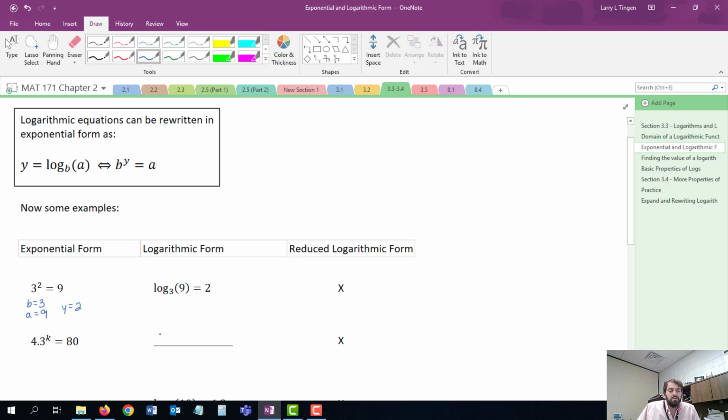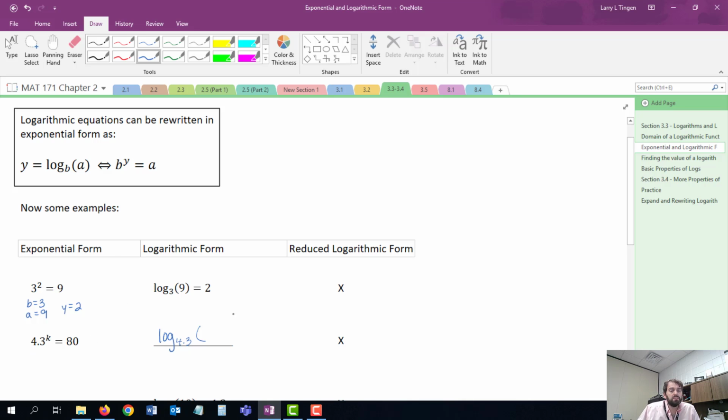So let's do the same step down here, but now variables have come to play. Same idea, so I know I can convert this to log. The base is what? Well, look up here. The base is the thing that has a power raised to it, and so that's b. So b is 4.3. When I convert this to logarithmic, that's log base 4.3, and then what goes in the parentheses is a. Which one is a in this format?